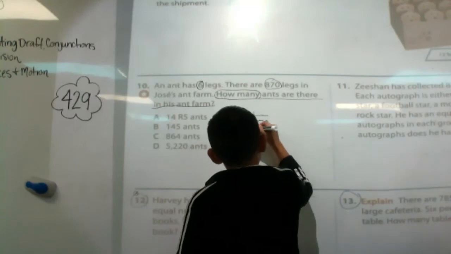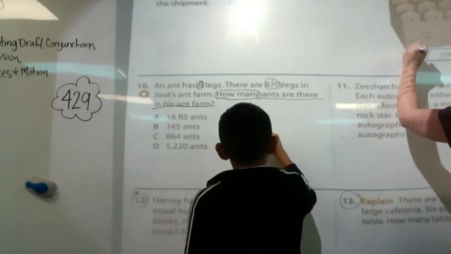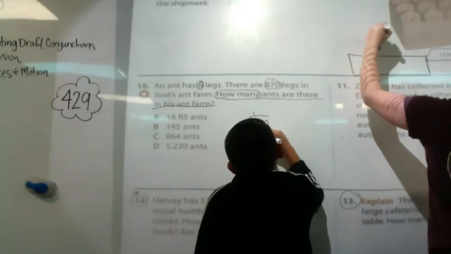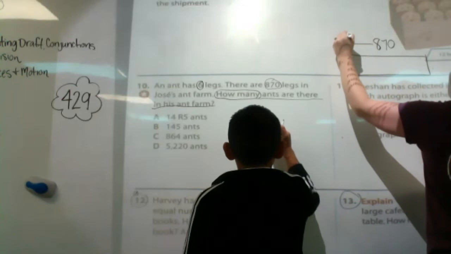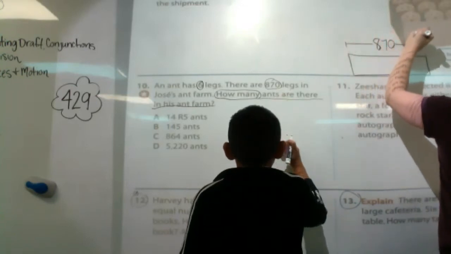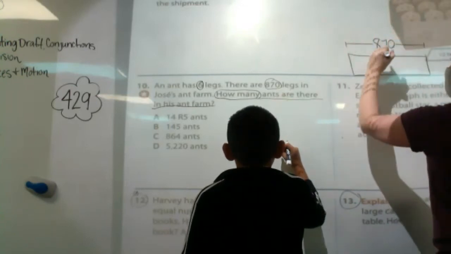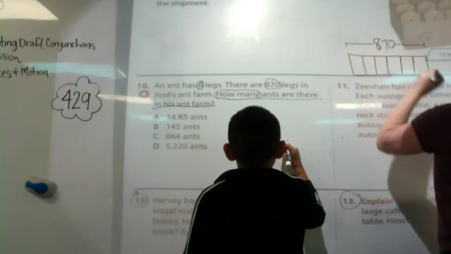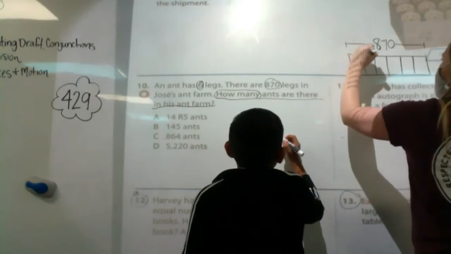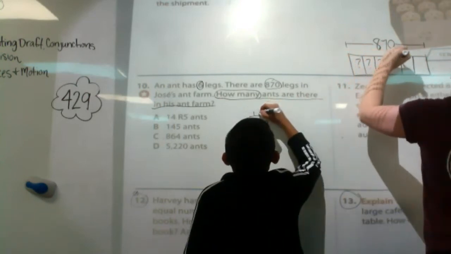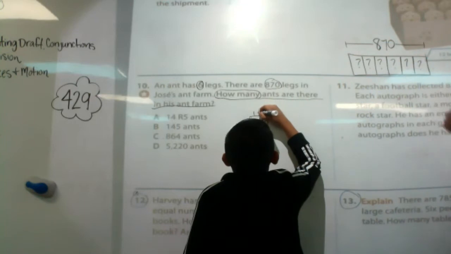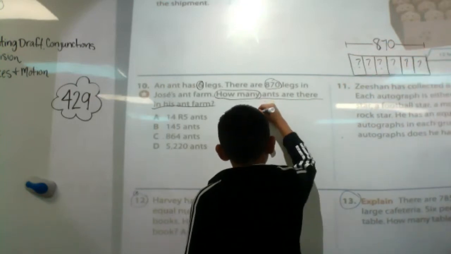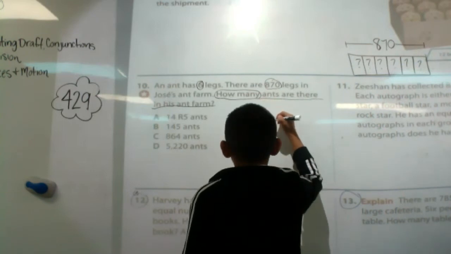And I'll draw a strip diagram over here just so y'all can see it. If I don't know the answer yet, that's what it might look like. Here's my total, and I've got 6 boxes because I'm dividing by 6.